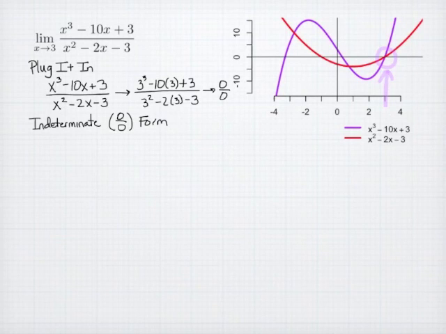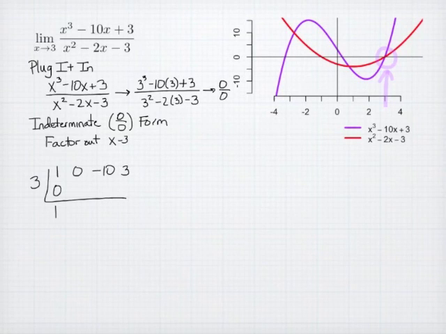I find it easiest when I have a 0 over 0 form to use synthetic division to factor out our x minus c. So here we're going to factor out x minus 3. Our coefficients for x cubed plus 0x squared minus 10x plus 3 divided by x minus 3, which has a root at 3, so that's our number.